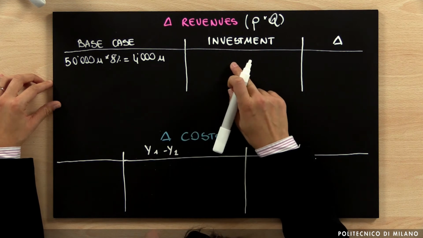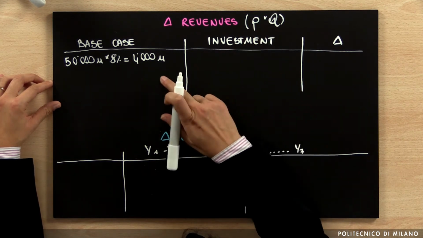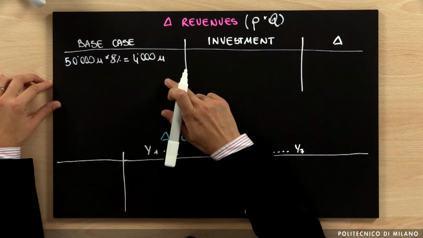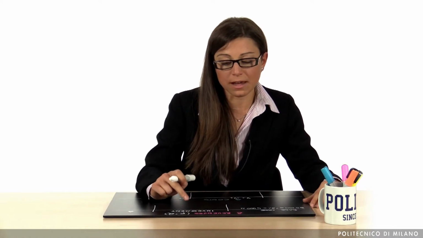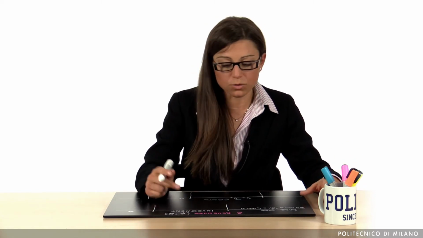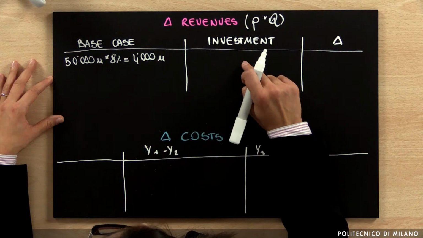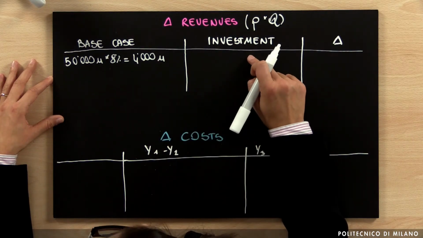Now we can do the same and calculate the quantity in the moment in which the company decides to do the investment. We know from the text that in the moment in which the company decides to invest, the market share moves from 8% to 12%. So we can calculate again the quantity related to the moment in which the company invests.